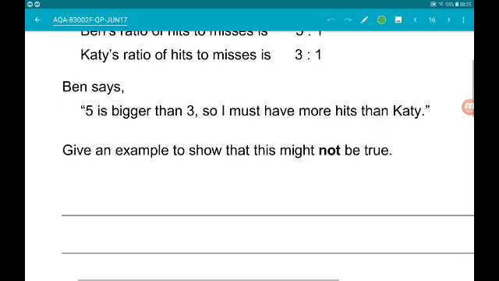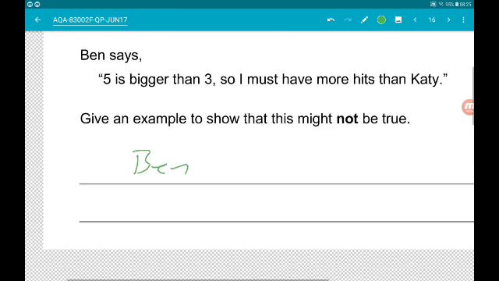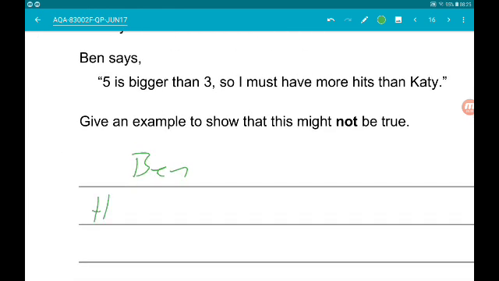Okay, so Ben's ratio of hit to miss is 5 to 1. Katie is hit to miss 3 to 1. So remember, with ratios we can multiply them up on both sides.